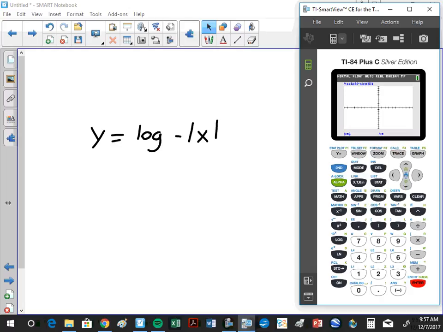So if I go to the table, I'll have nothing but errors. Yeah. So I did log of the negative absolute value of x. And it didn't give me an error because I never divided by 0. But the table is a bunch of errors. There is no number that works. So this has no domain, which means the function does not exist. Or you could say it exists in a vacuum.